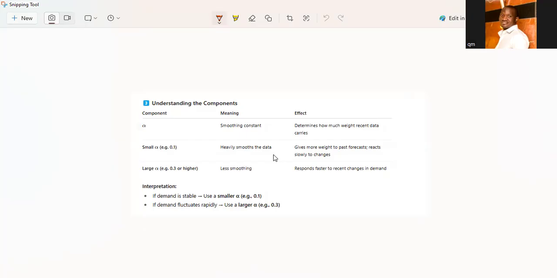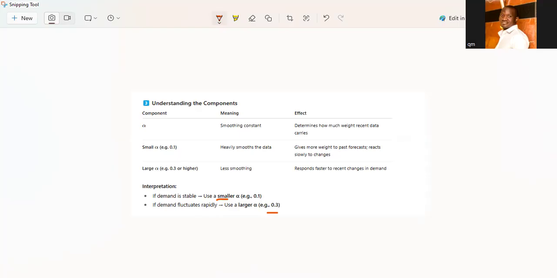It gives more weight to past forecasts and reacts slowly to changes, meaning 0.9 is for the past. If you have 0.3 and higher, it means there's less smoothing. It responds faster to the recent demand. So if alpha is smaller than 0.1, the demand is stable, but if it is larger than 0.3, it means the demand fluctuates.